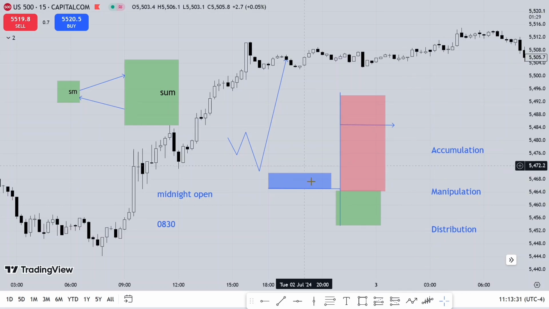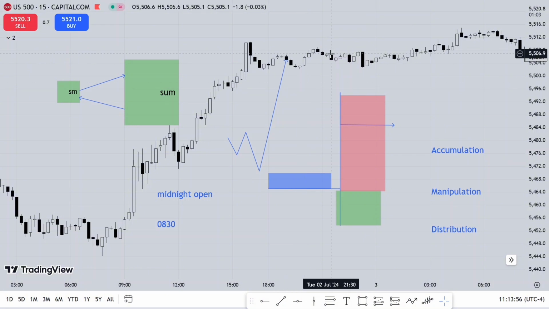And during this distribution phase, this is the liquidity that was taken, that was paired from these sell stop orders, from these retail traders' stops. The liquidity that smart money used to facilitate their buy entry, they will now offload at a previous high or at a form of imbalance above the marketplace.